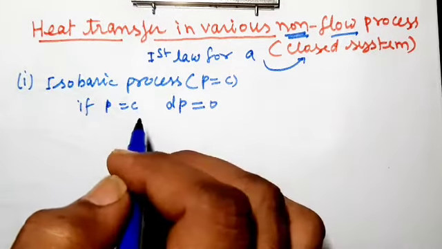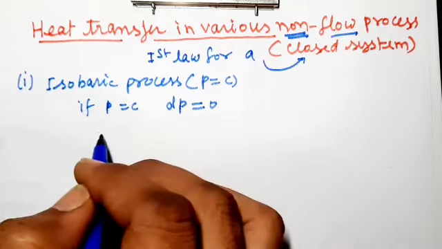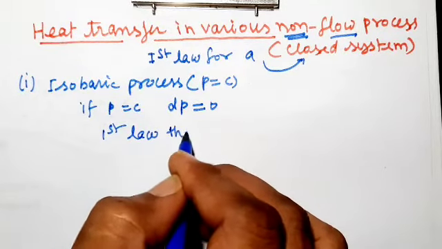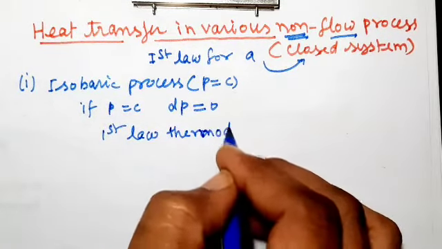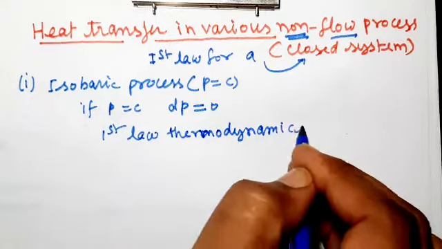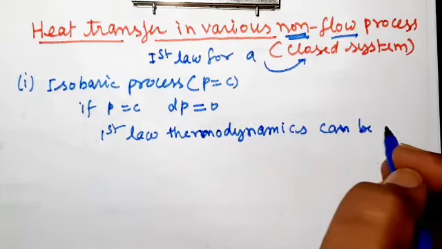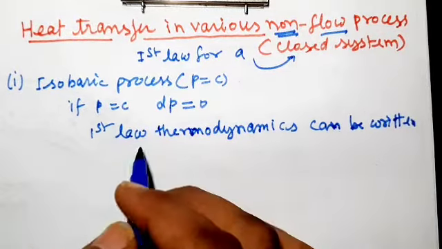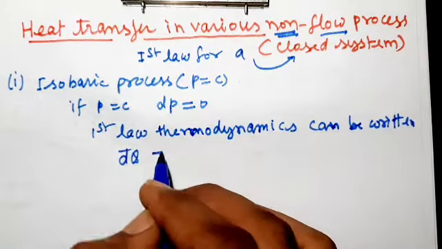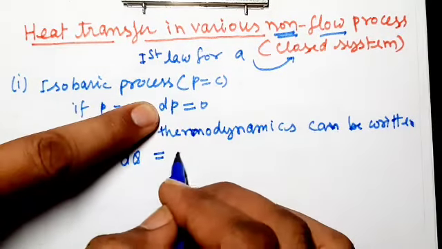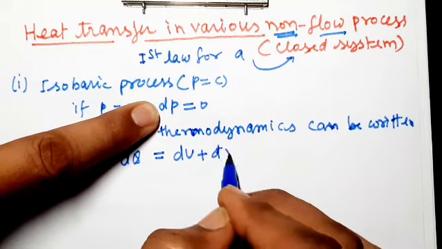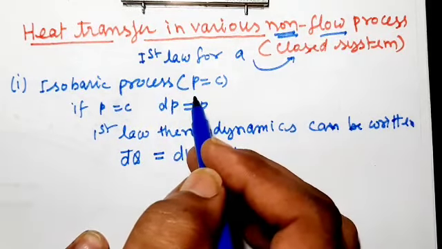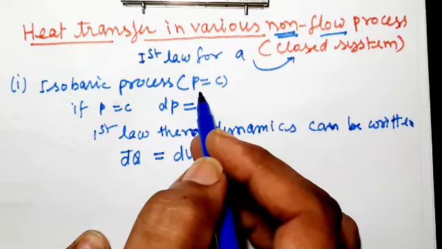For the first law of thermodynamics, we can write del Q is equal to dU plus del W. As per the given condition, the process is isobaric, meaning a constant pressure process.